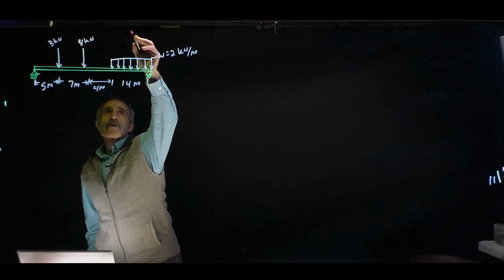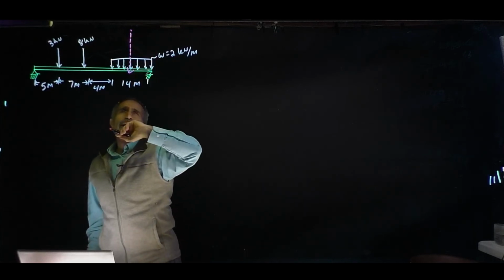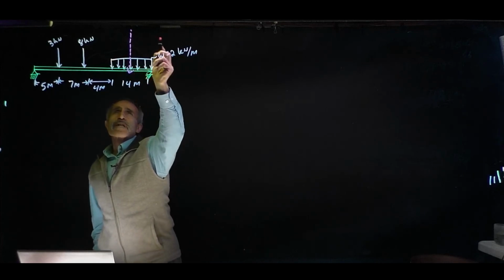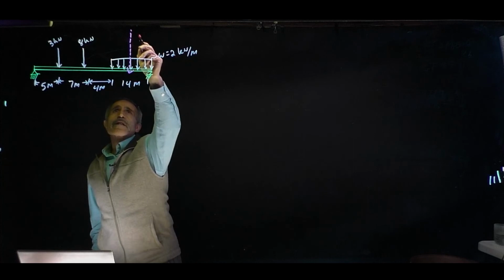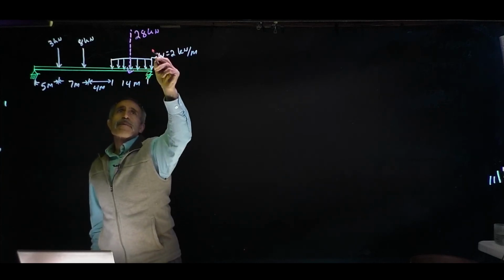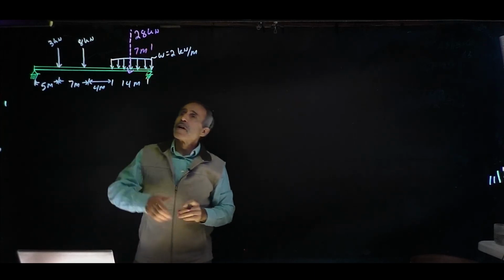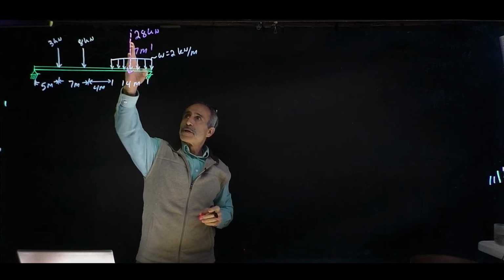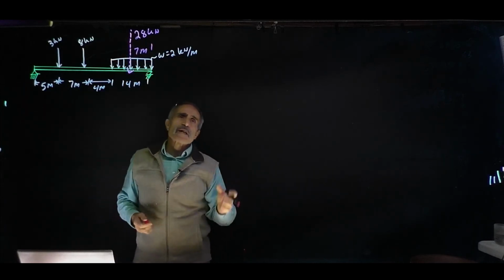The resultant force is going to be right here, and it is basically 2 times 14, which is 28. So that's 28 kilonewton, and the distance is probably 7 meters from it right here. All I've done here is replace this with one resultant force, 7 meters, and the rest of them is fine. We talked about taking a moment.